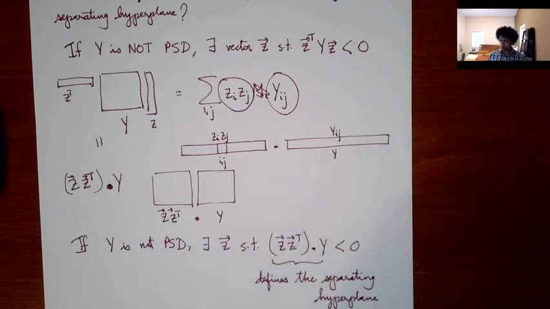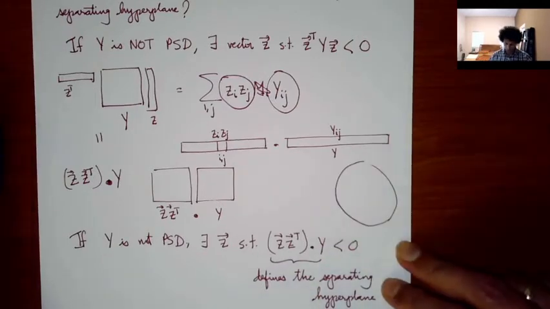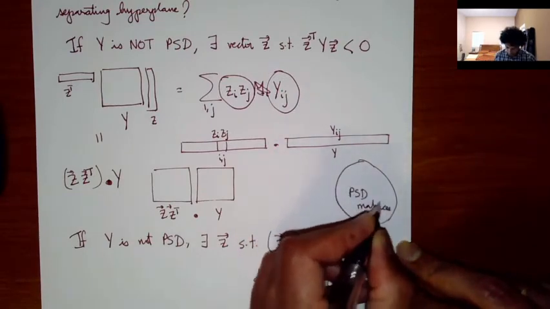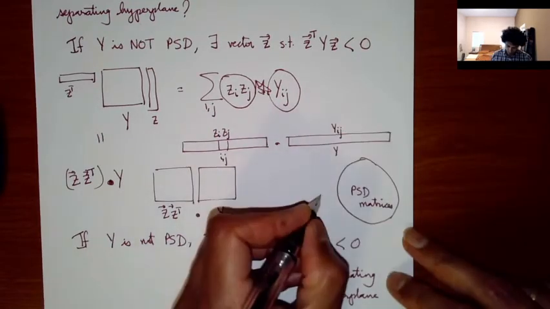Any questions about this? I'll pause here and take any questions, because this is a very important point on how the separation oracle is built. So this is the set of all PSD matrices in that space that I drew, and Y is over here.